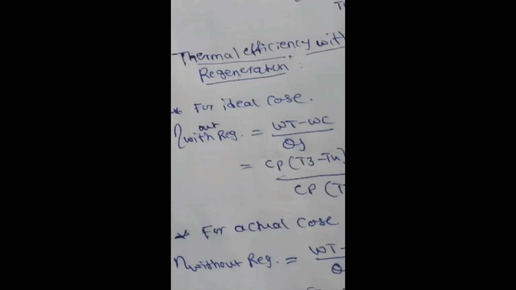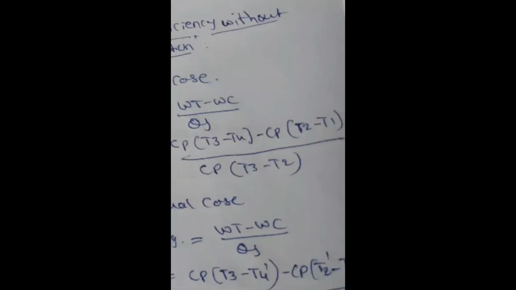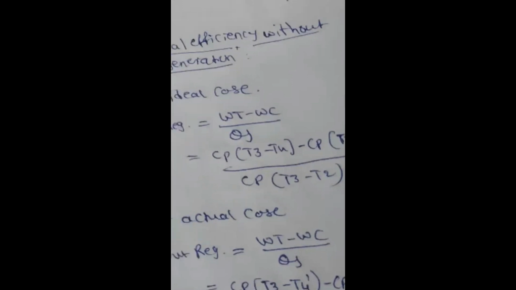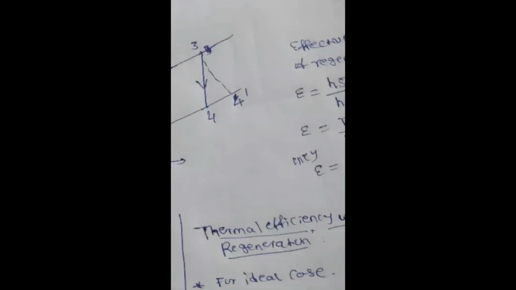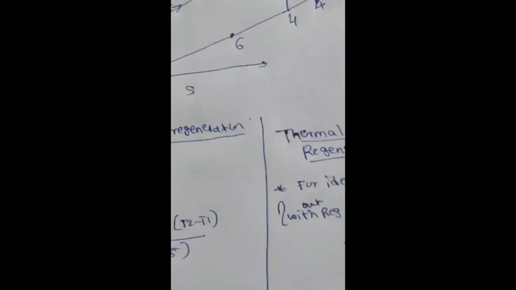Without regeneration, ideal case: Cp (T3 minus T4) minus Cp (T2 minus T1), divided by Cp (T3 minus T2). Now you can observe that without regeneration the heat addition is T3 minus T2 in the ideal case, but with regeneration we have taken T3 minus T5. That is the only difference.